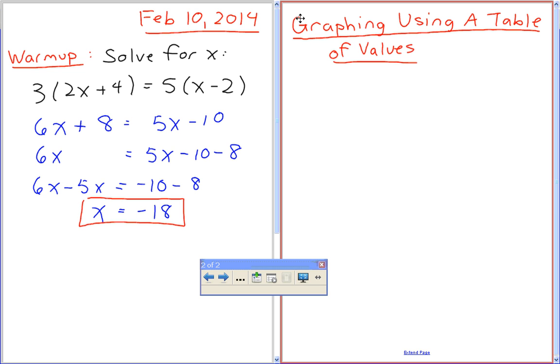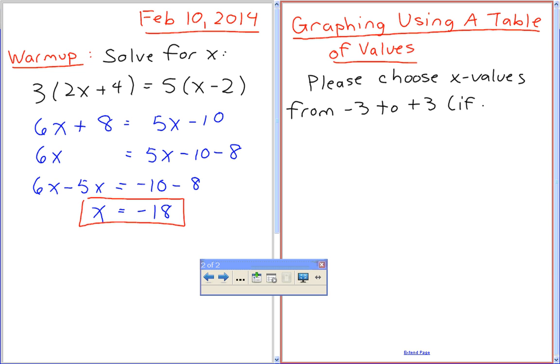We're going to graph using a table of values or a T-chart. Please choose X values from -3 to +3 if not specified.